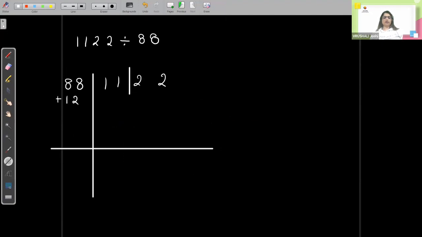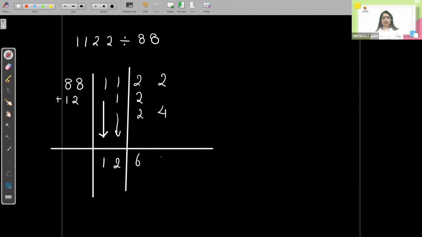See, gradually you have to stop doing certain steps, right? Because finally we have to do this mentally. All right. See, is it quick or no? Quotient is equal to 12 and remainder is equal to 66. Just check whether 66 is smaller than 88. Once you have to check that.